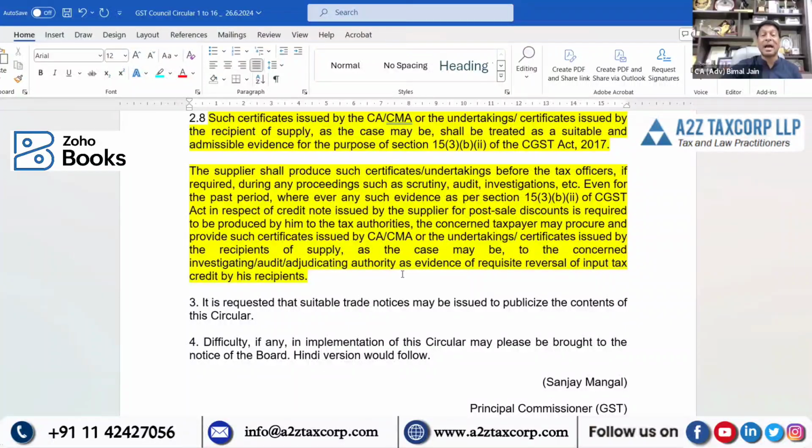Here they are not saying appellate authority, but I'm telling you, if your case is being decided against you and you have filed an appeal, you should procure the certificate and produce it before the appellate authority, citing this circular, which is clarifying the position, and you will get much needed relief.